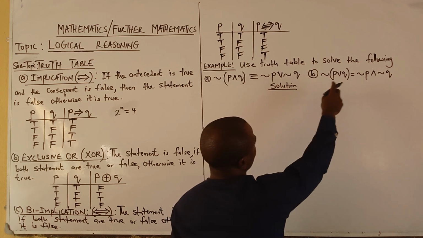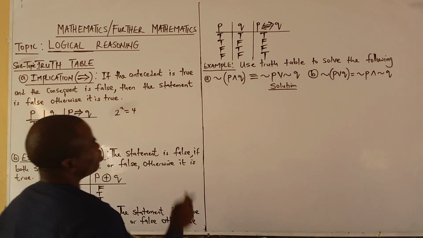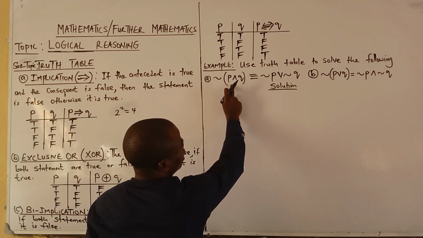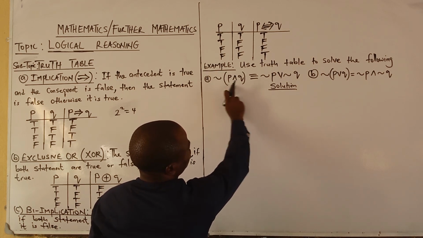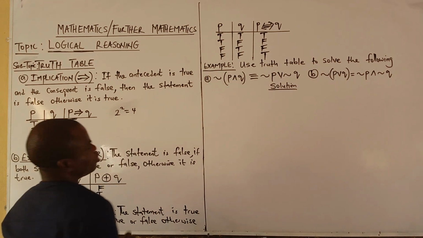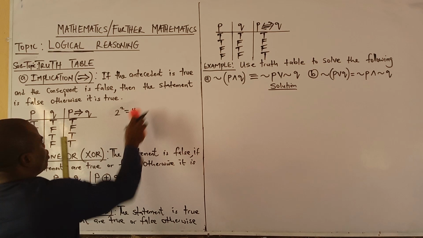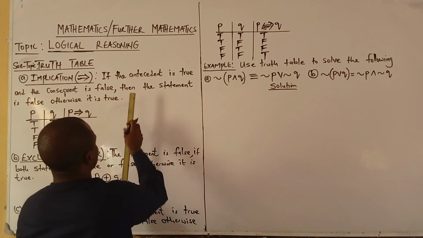Now we want to use the truth table to solve the following. Since we need conjunction and disjunction, let's get the truth table for the conjunction and disjunction so that it will help us.